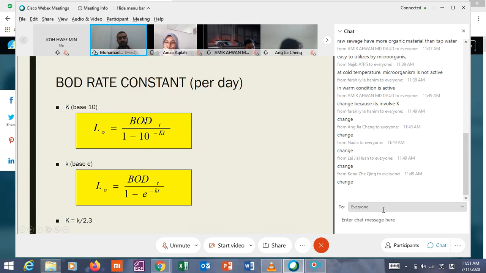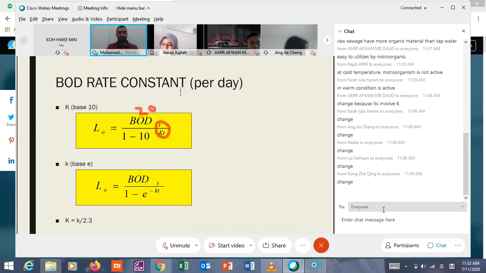For BOD5 measured at 20 degrees, K has to be at 20 degrees. There is a consistency between K and the temperature. If the BOD was measured at 30 degrees, of course it will not be the same as BOD at 20.